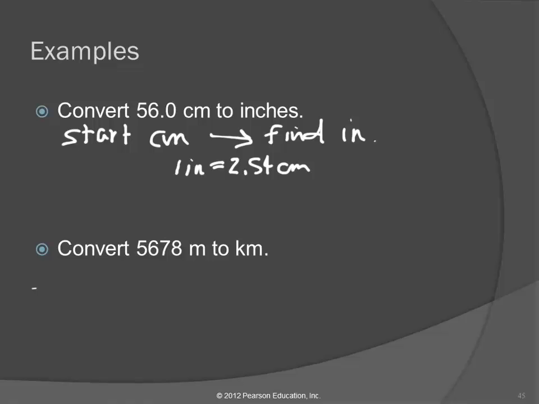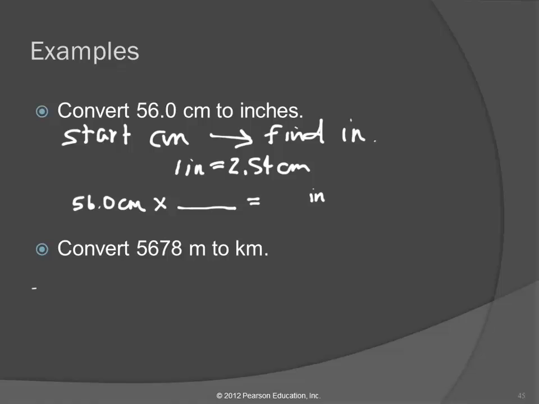And so then we write down what we're given, 56.0 centimeters, and we're going to have a conversion factor in here. And for every arrow in your solution map, you're going to have a conversion factor. So this one only has one arrow, so we've just got one conversion factor. And then over here, we want to end up with the unit of inches.